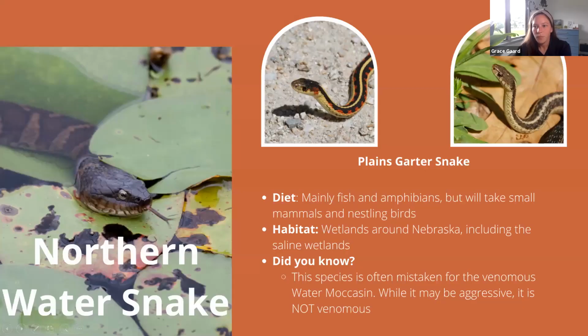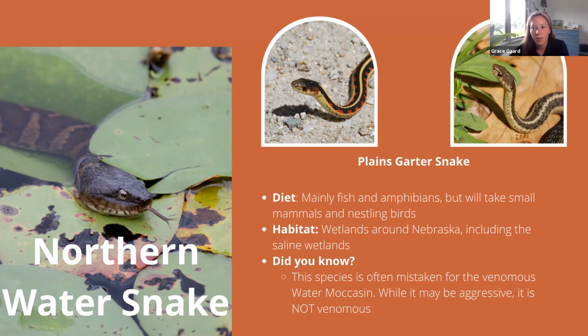So I also couldn't not mention at least one type of snake, and I decided to focus on two. Yeah, so the northern water snake. I have a coworker who loves snakes and is very passionate about them. And she said to make sure to mention the northern water snake because it's often misidentified as a water moccasin.